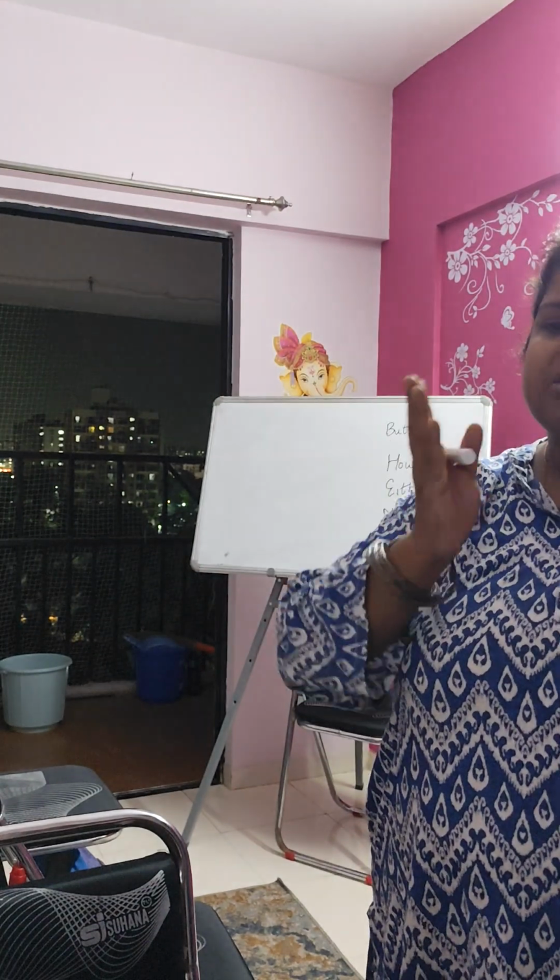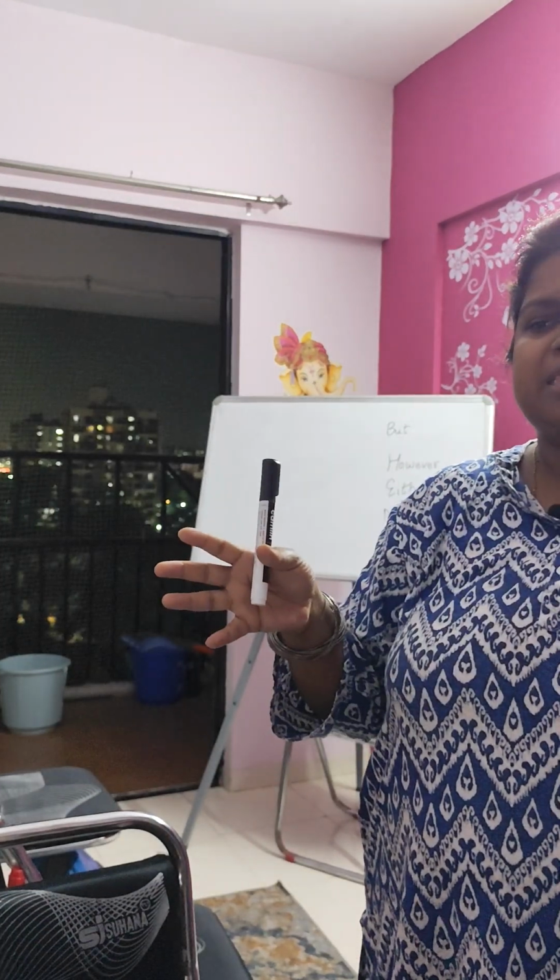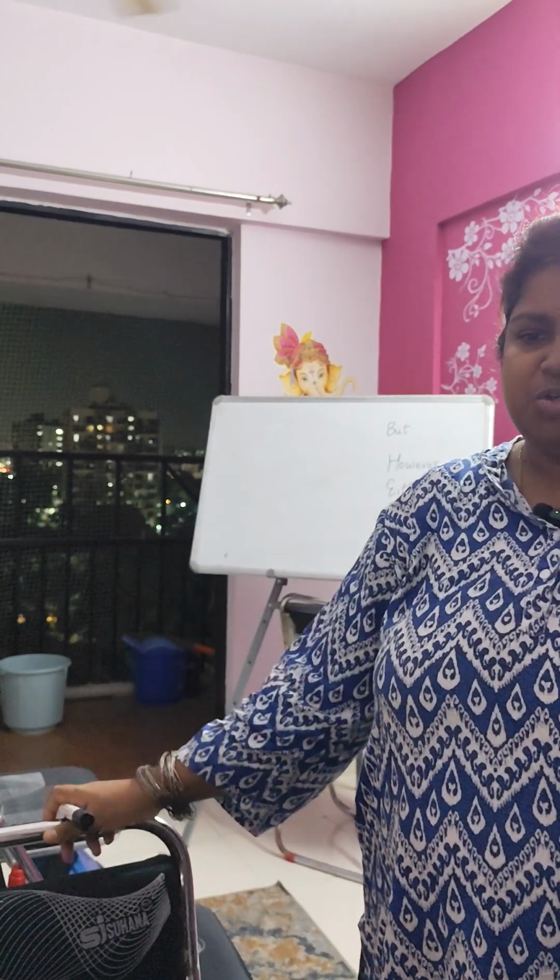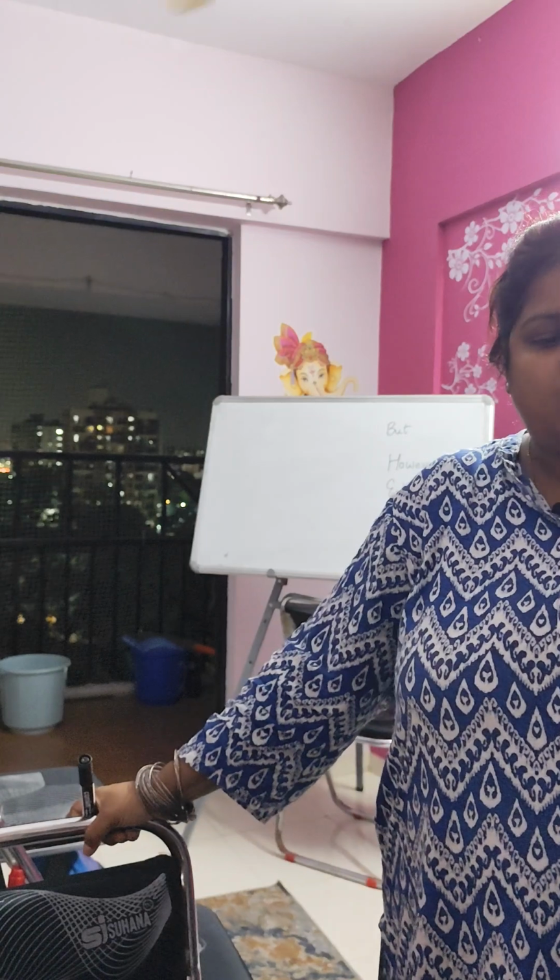One set of words will begin the sentence, the other will be in the middle of the sentence. For example, Ekaksh, either keep your camera switched on or come for offline class. What did I do? I've given you choice, right? So यहाँ पे आपको choose करना पड़ता है. Either or use किया तो you have to choose between the two. Now if I say neither nor, ये भी नहीं, वो भी नहीं.